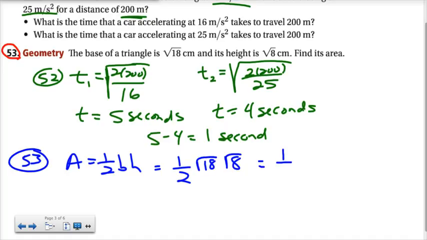So we will have 1/2, and then we want to figure out what 18 times 8 is, and that very nicely comes out to the square root of 144. Square root of 144 is 12, and half of 12 is 6. This was area, and the units that they gave us were centimeters, so it would be 6 square centimeters.